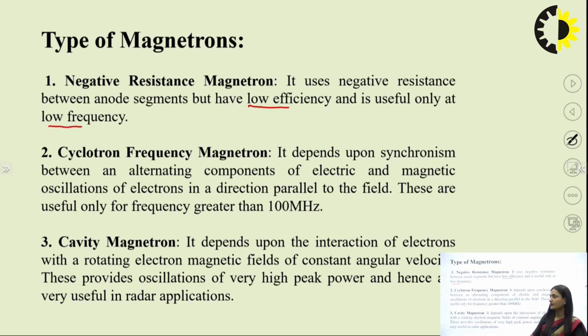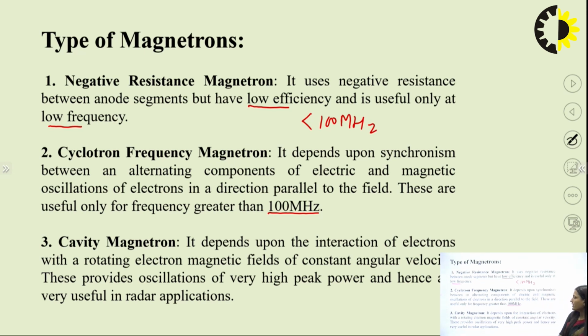So we can say that the oscillation of electric and magnetic field of electrons will be responsible for the generation of the signal, and this type of magnetron can be used to generate signals of more than 100 megahertz. It means less than 100 megahertz signals can be generated by the negative resistance magnetron.